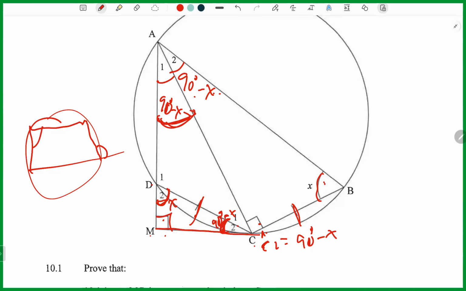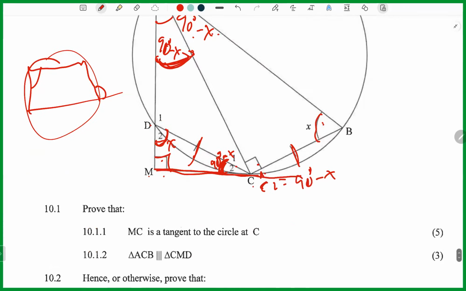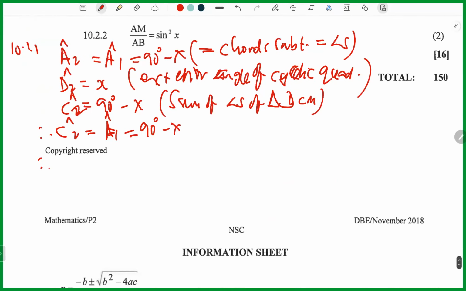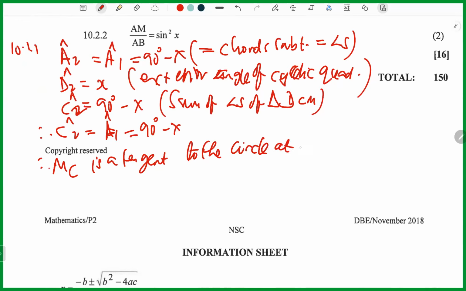But we can see 90 degrees minus x there, and 90 degrees minus x equals to 2. So MC indeed is a tangent to the circle at C.